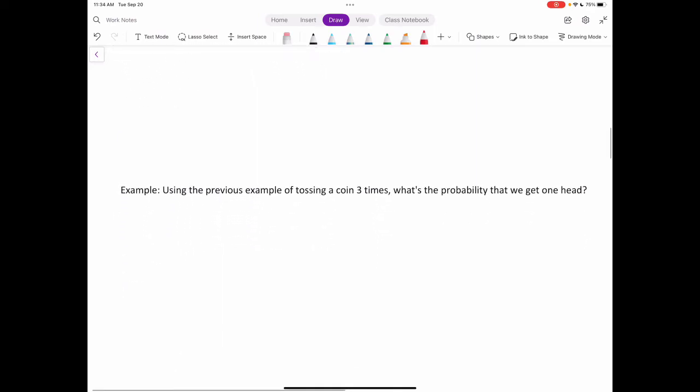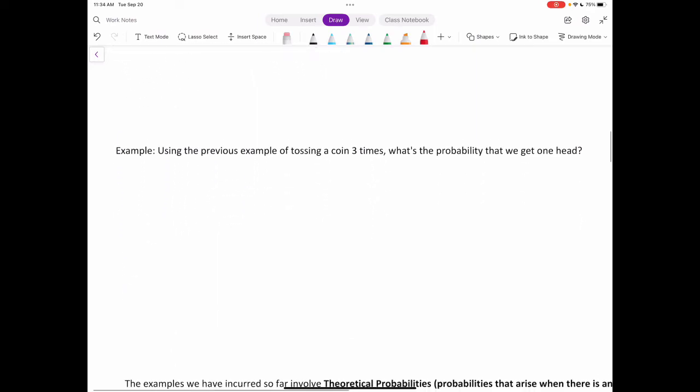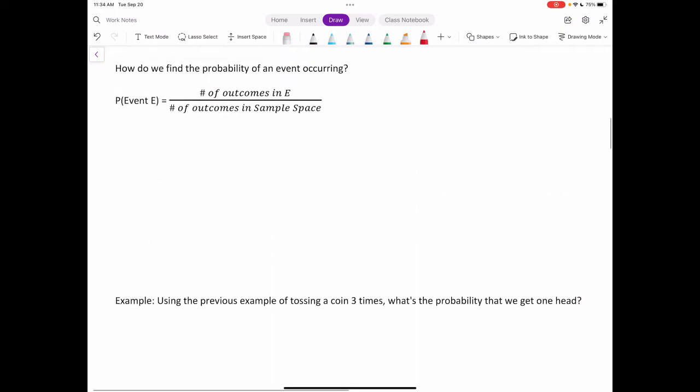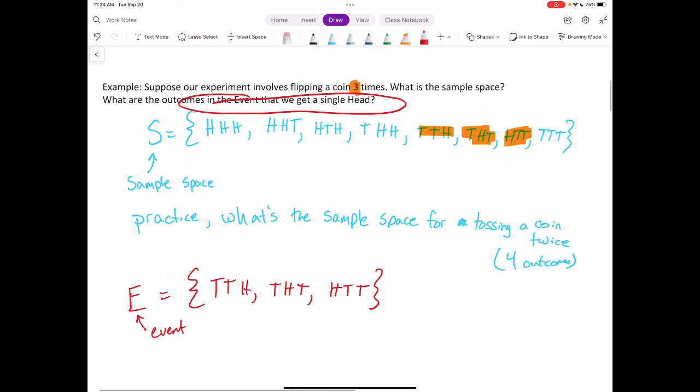So for example, using the previous example of tossing a coin 3 times, what's the probability that we get 1 head? Okay. Well, if we go back here, remember that our sample space contained 8 different outcomes, right? Our sample space had 1, 2, 3, 4, 5, 6, 7, 8 different outcomes. Okay, so the sample space had 8 outcomes.